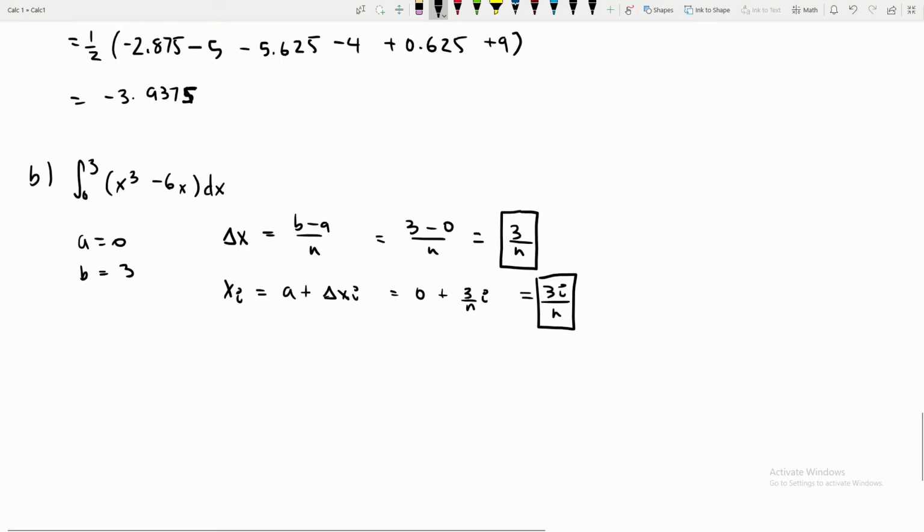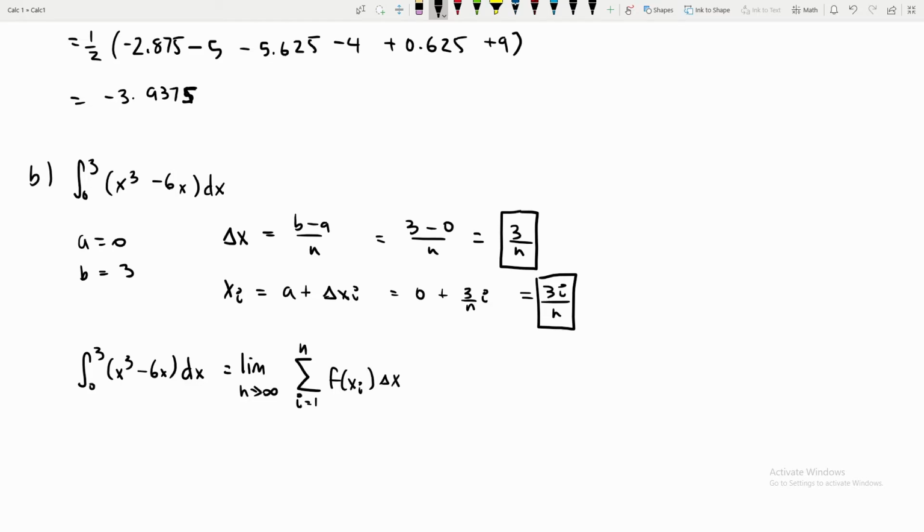So now we can slowly start converting this integral into the Riemann sum that we know. So there we go. I have filled out all of the knowns, the stuff that we figured out. We figured out xi and delta x, plugged them in, and now we have a very familiar formula that we are good to work with.